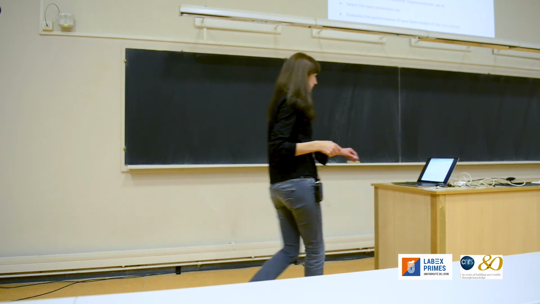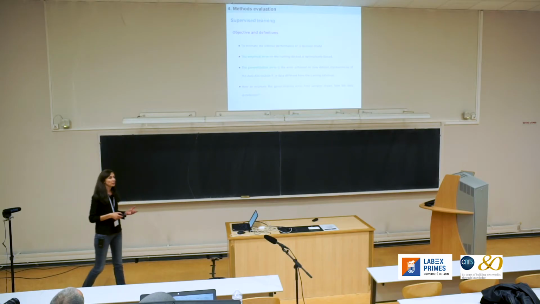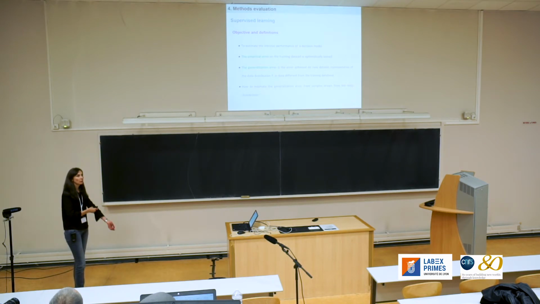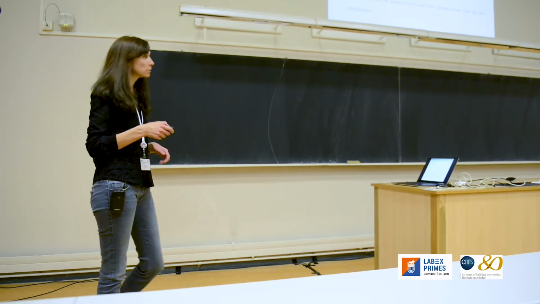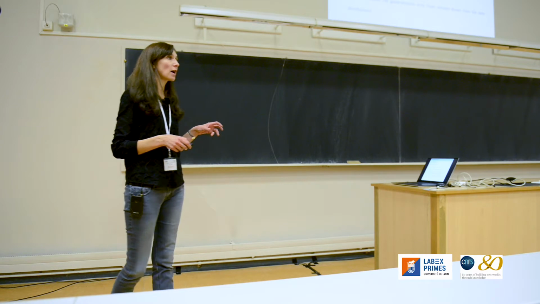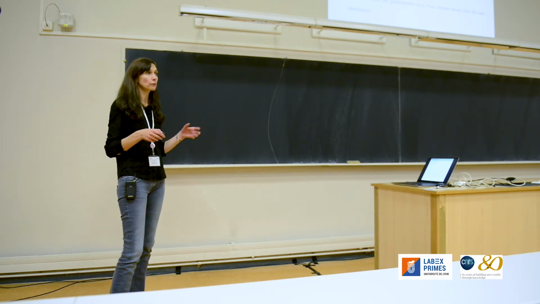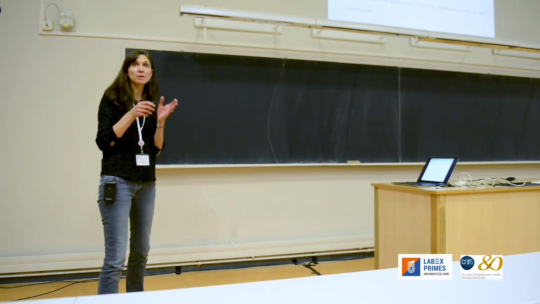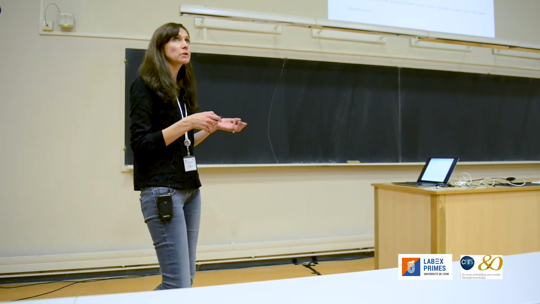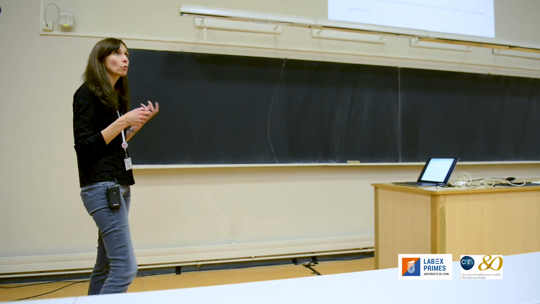So the question is, now, how can we correctly evaluate the performance of our model, considering that we don't have access to the whole distribution of the data? We have a limited range of samples, and we want to provide a good evaluation. This morning I talked about the generalization error.